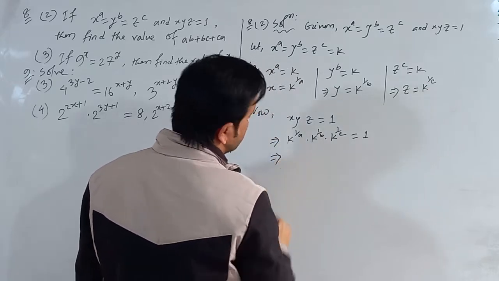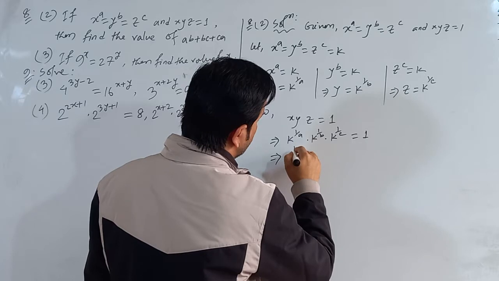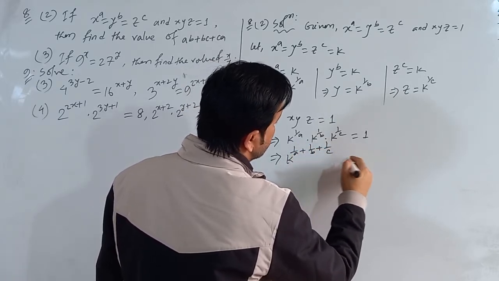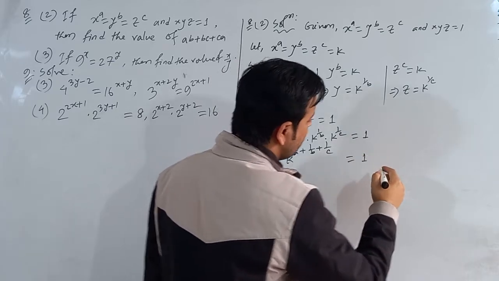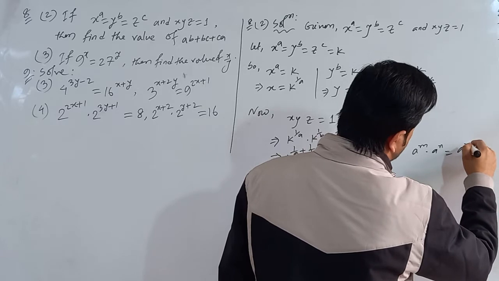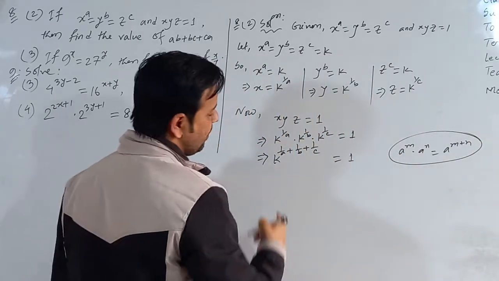So we can write here, as all the bases are same, k to the power 1 by a plus 1 by b plus 1 by c is equal to 1. As you know, a to the power m into a to the power n is equal to a to the power m plus n. Applying this law or formula, we can write this.